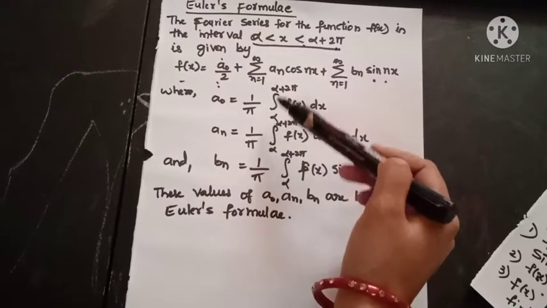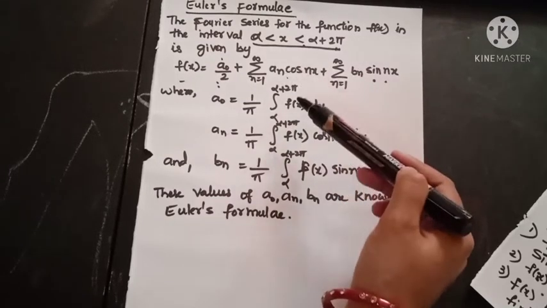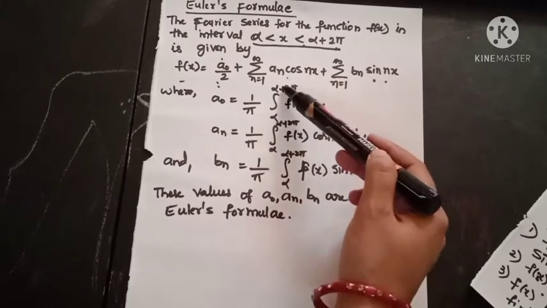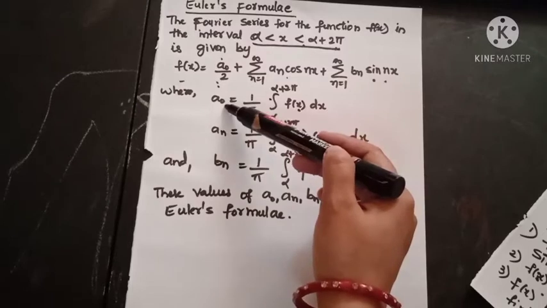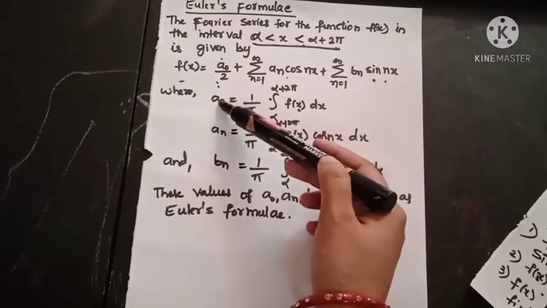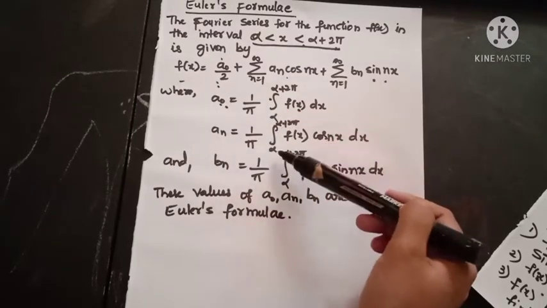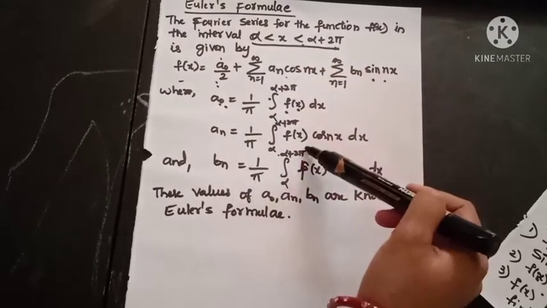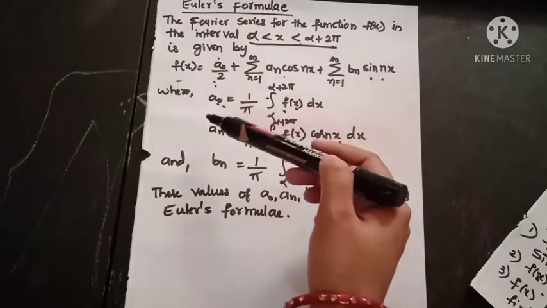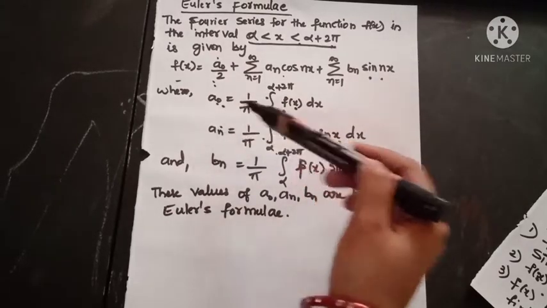So integrate within the limits alpha to alpha plus 2 pi, solve the f of x integral, then you will get a naught. Solve the integral from alpha to alpha plus 2 pi of f of x cos n x, divide by pi, you will get a n.